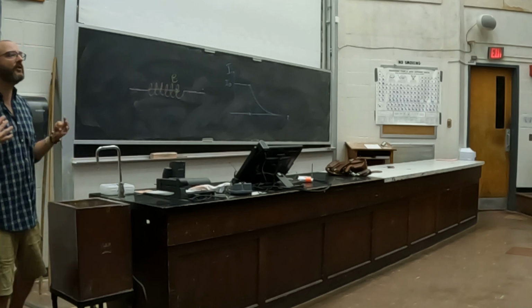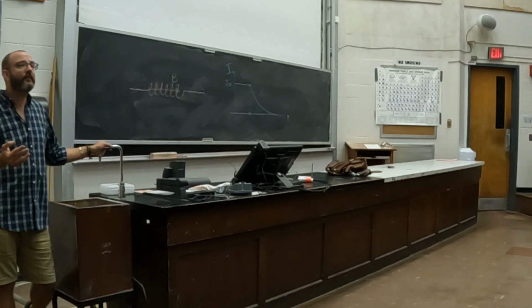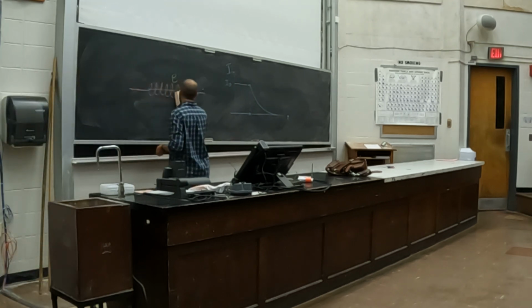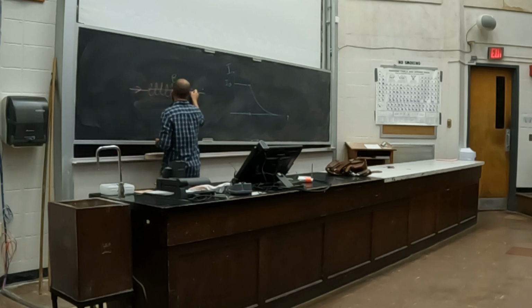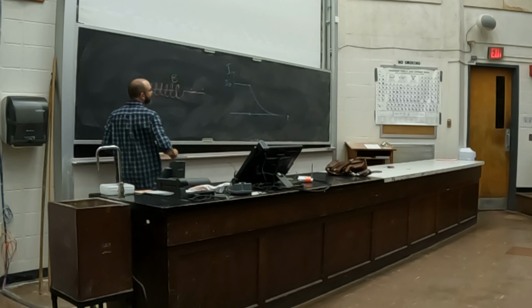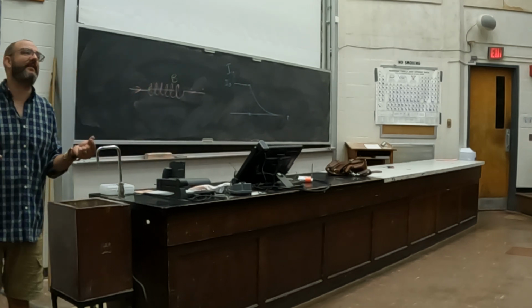Nature tries to induce, or not tries, she does induce a field to counteract a change in flux. In that case, if the current starts to flow to the right, nature is going to induce a field that tries to stop it. That'll look like this. Again, she fails, but she tries.